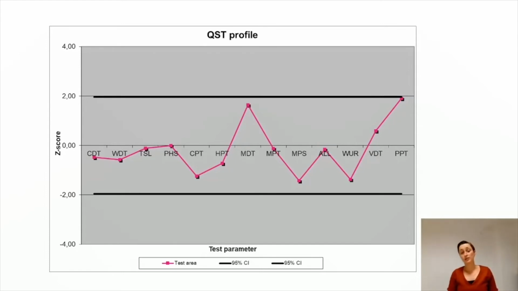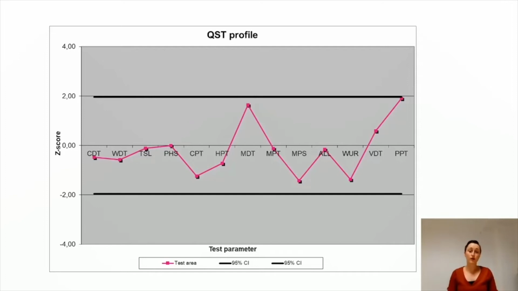So if a subject is more sensitive to pressure pain, he or she will have a gain of function, and in this graph, the specific test will be above 1.96. If a subject has a loss of function, so there is an inability to sense pressure pain, this specific data point will be below minus 1.96.